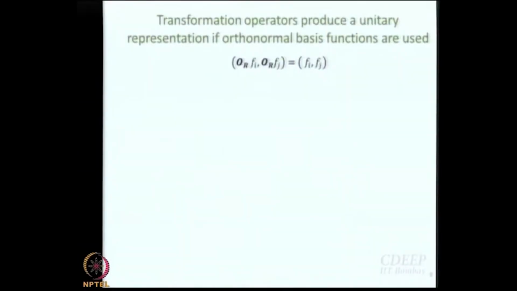So, before that, this is something that we need to understand, that transformation operators produce a unitary representation when you use orthonormal basis functions. Have we looked at an example of this already? Does it ring a bell, or are we too confused with these ORs and DRs and dashed and double dashed and all that?